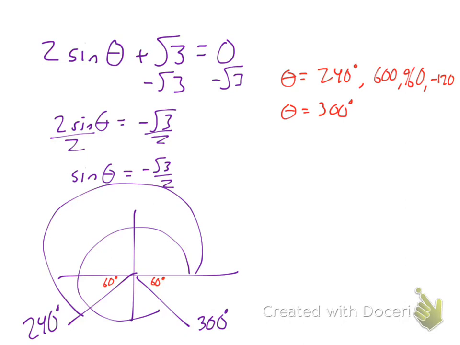Because I should be able to do the same thing with 300 now. But is this an exhaustive list of all solutions? No. It's only what? 1, 2, 3, 4 solutions. But there's supposed to be infinitely many. 4 is not enough. 1's not enough because I want all solutions. There's more than one solution. There's an infinite amount in both directions.